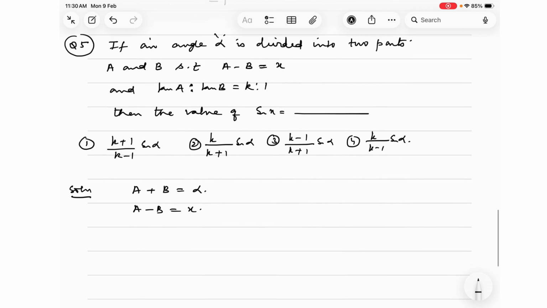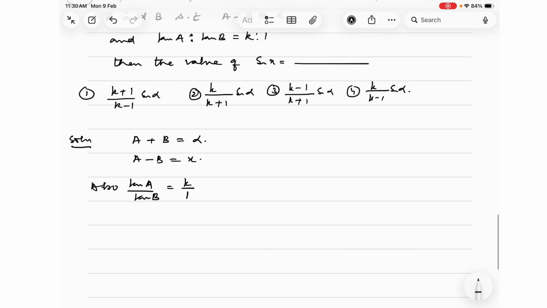And one more piece of information given is tan A by tan B is equal to k by 1.